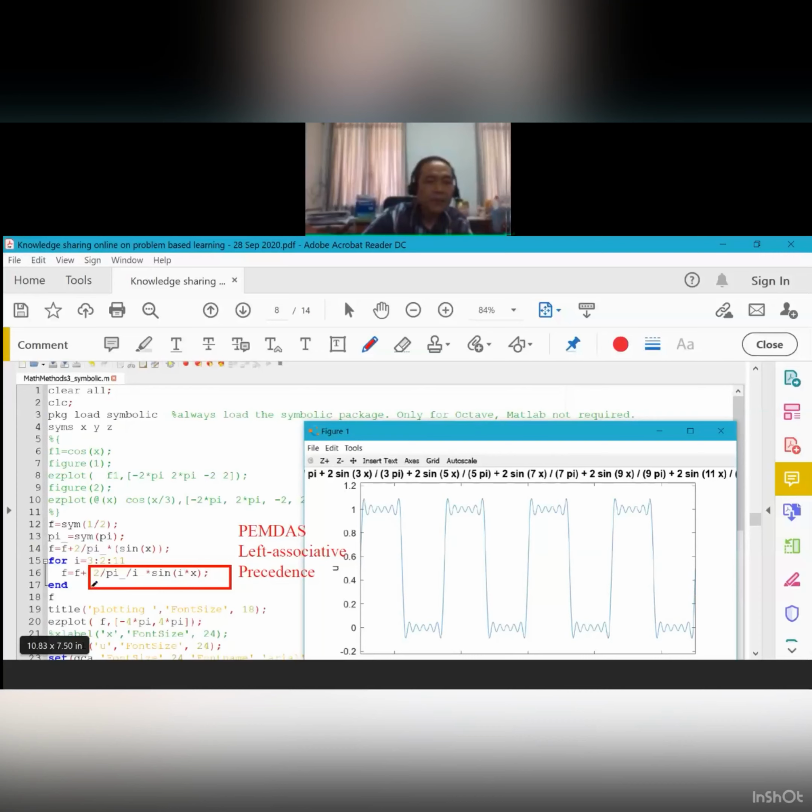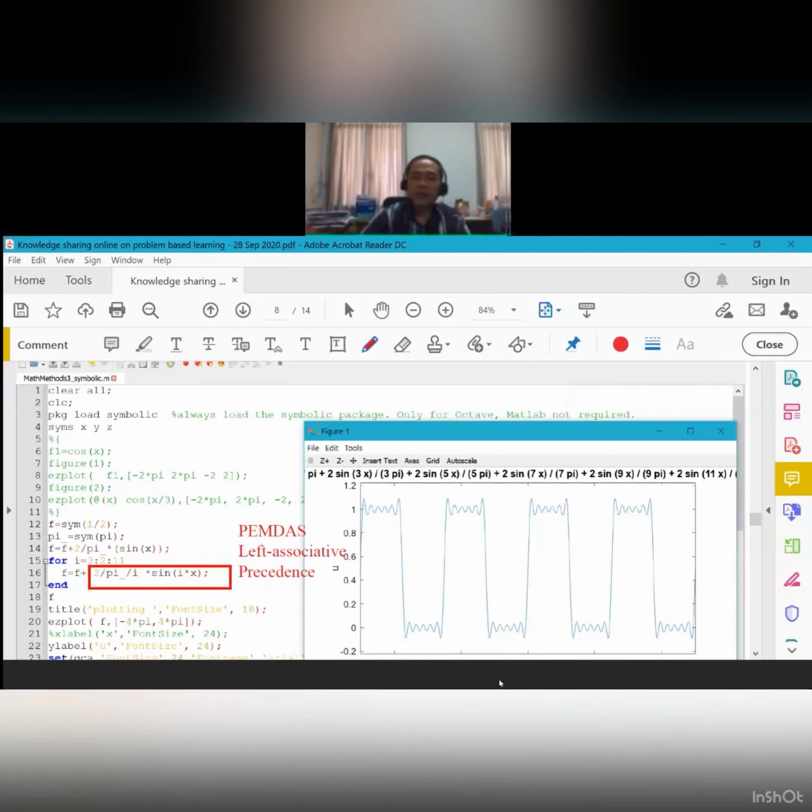For example, f equal to f plus 2 over pi divided by i multiplied by sine is. What is this? So from here, we try to describe with them what is pandas, what is left associative, and what is precedence. Precedence means that among our operators, plus, multiply, divide, which one is more important? The program will implement it. So this kind of thing we need to explain to them.